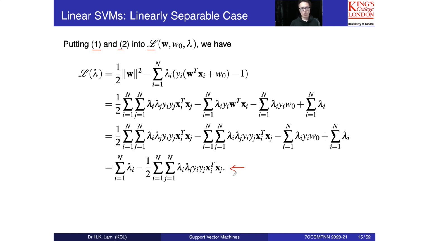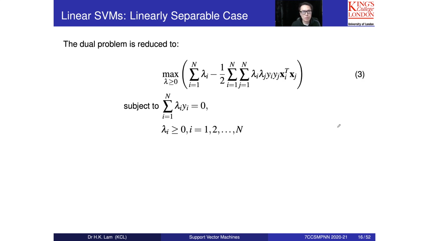That means the only unknown now is lambda. I'm not going to go through this mathematics, so I will leave it to you. It is some algebra, and I think everyone can do it. Now the dual problem is reduced into this one.